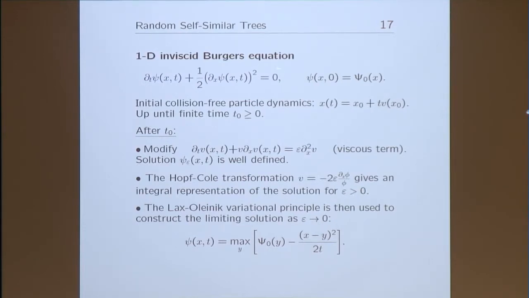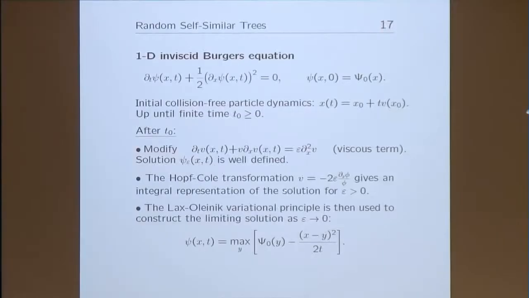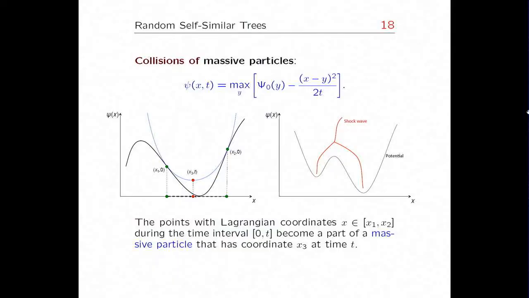Now we obtain the solution of our equation, not to say it's a classical known problem, by letting epsilon go to 0 and looking at where this solution goes. And the Lax-Oleinik variational principle implies that this will be the formula for the solution. So I copy that formula here.